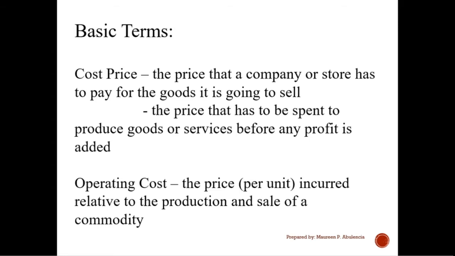For example, if you're selling frozen goods in your sari-sari store, you need a refrigerator powered by electricity, of course. And since it's hot in the Philippines, you would also need an electric fan for you to be able to sell conveniently in your store. So these expenses do not form part of the commodity, but they are needed in order for you to sell your commodities.